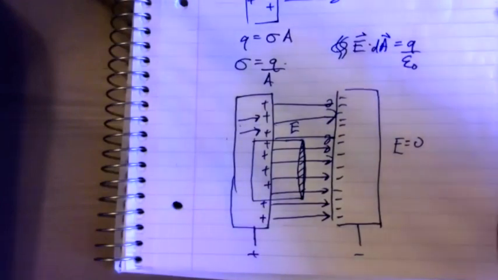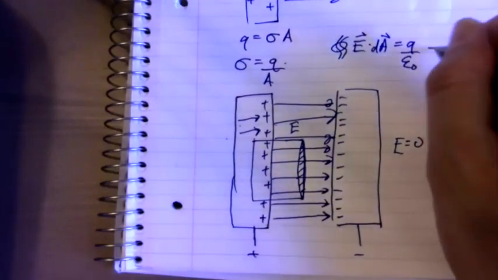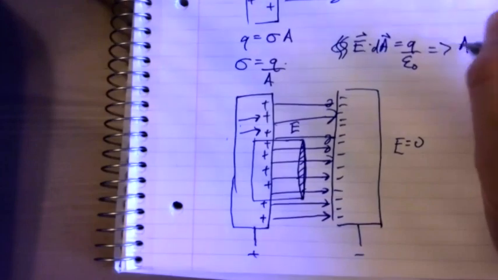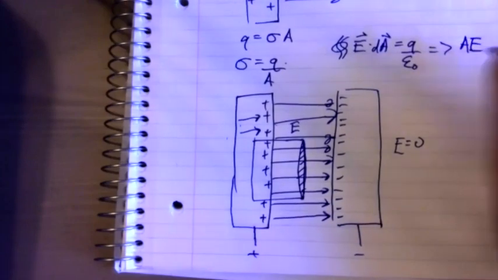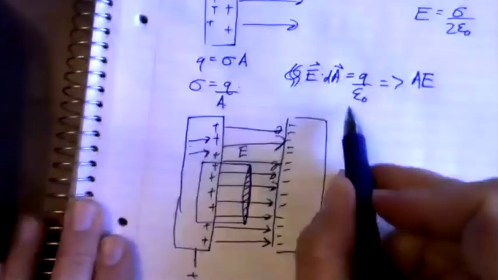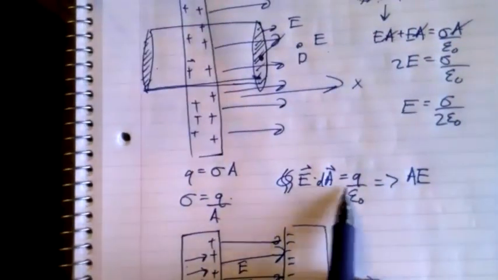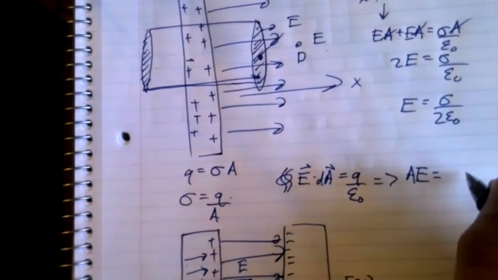Okay. So now what I'll find is I'll still have A times E on this side of the integral. And that's going to equal a different charge density.